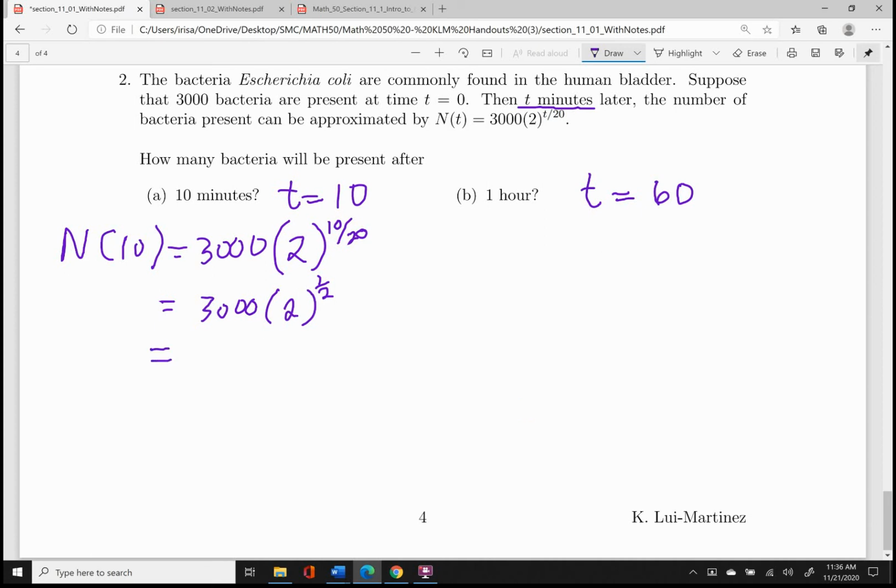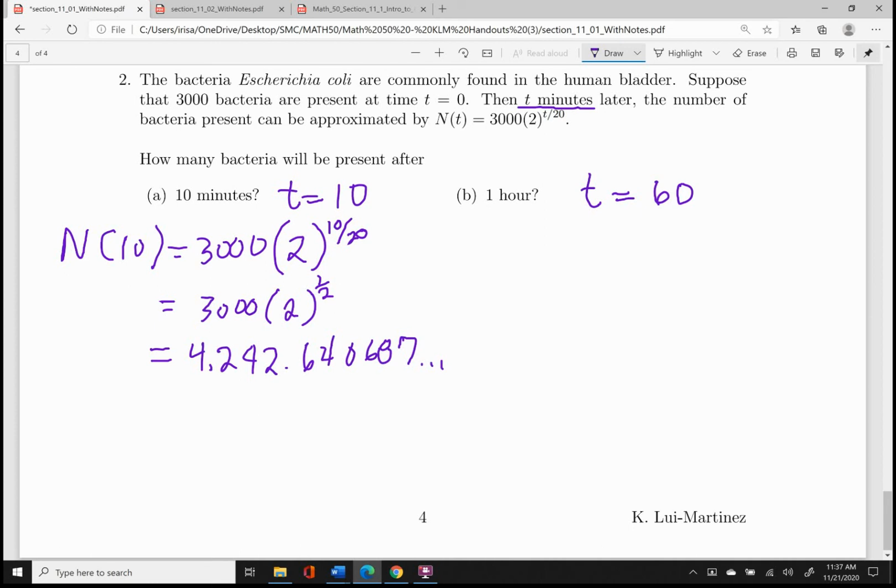Which will be 3,000 times 2 to the 1/2 power, which is 4,242.640687... So this is just what my calculator gives me.